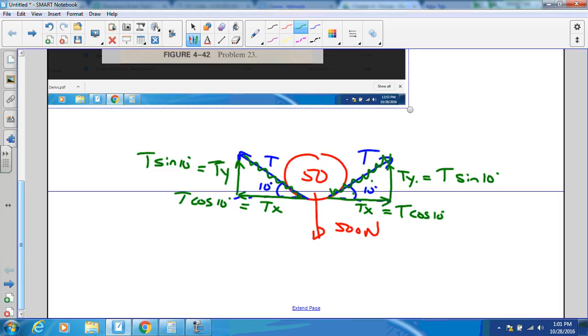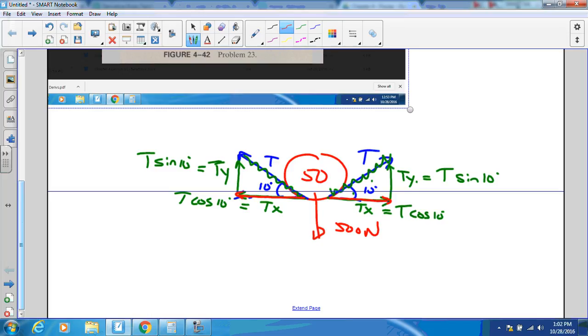Remember that when I'm showing values of forces, I'm only showing the magnitudes. So don't worry about the fact that Tx on the right side is pointing this way, and Tx on the left side is pointing to the left. We'll take care of that in the equation. The arrows tell us which direction each Tx is pointing.